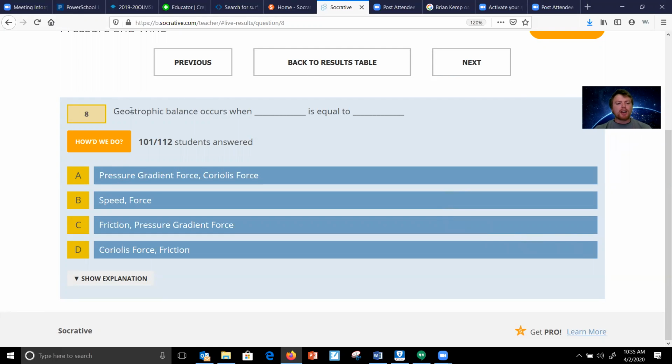All right, so when we talk about geostrophic balance, specifically, that's when we're not considering some of these other forces and we're just looking at pressure gradient force and Coriolis force. The other force that eventually we do want to consider, especially at the surface, is the frictional force.